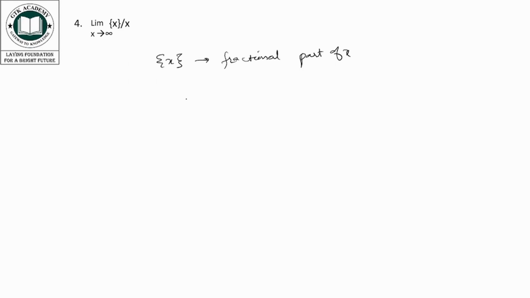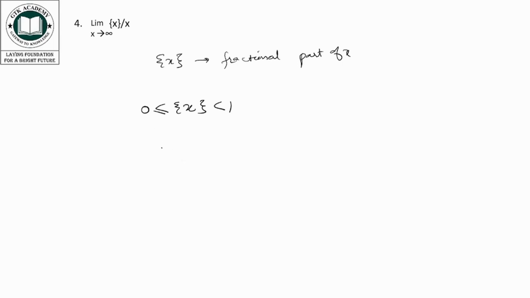The property of this bracket x is, it always lies between 0 and 1. I have explained this fractional part, greatest integer and mod in one of my earlier videos. If you have not seen that, please do see that before attempting this question. I have already put the link of that in my description box.